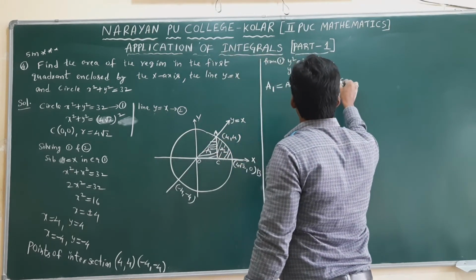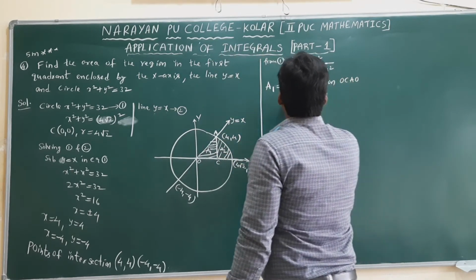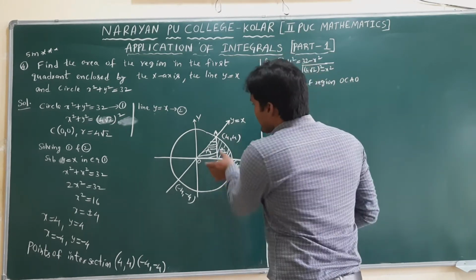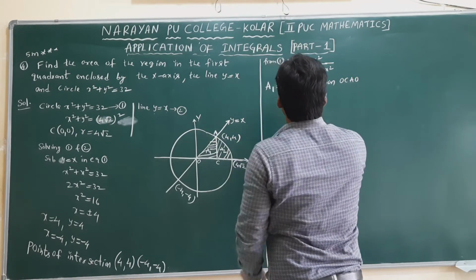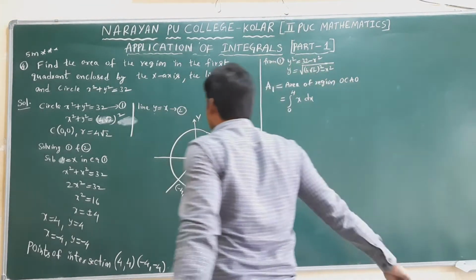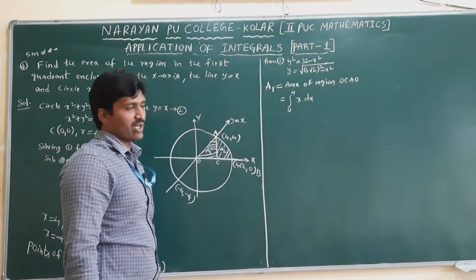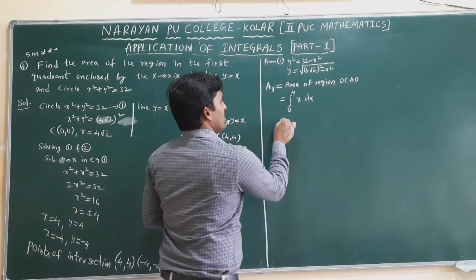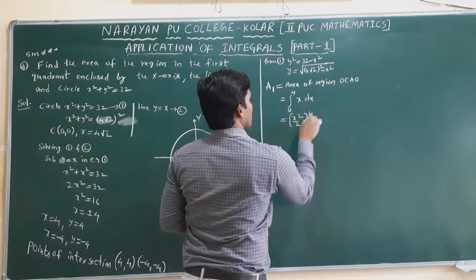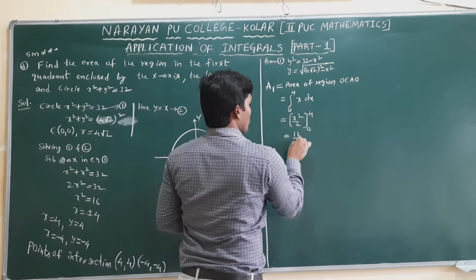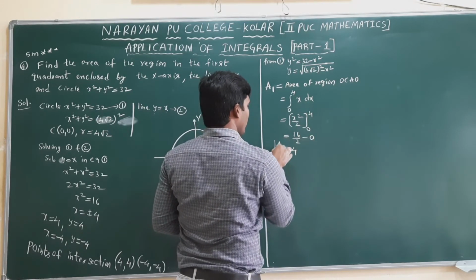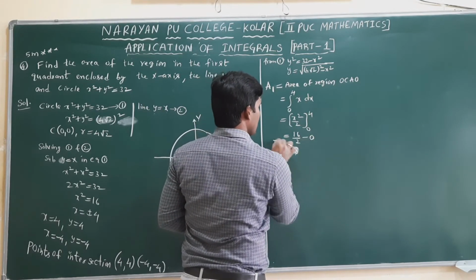For this region the limits are 0 to 4, and the line is y equal to x, that is x dx. Why in terms of x? Directly I am writing it, y dx is not required. Integral of x is x square by 2 from 0 to 4. Upper limit 4 square, 16 by 2, minus 0. So A1 we clearly got 8.